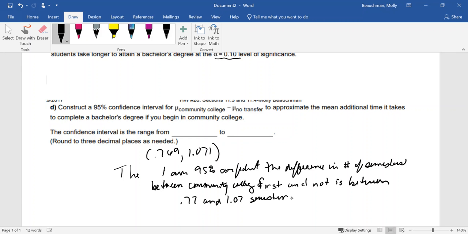What does that mean in English? That means it takes about 0.77 to 1.07 semesters longer if you go to community college first.